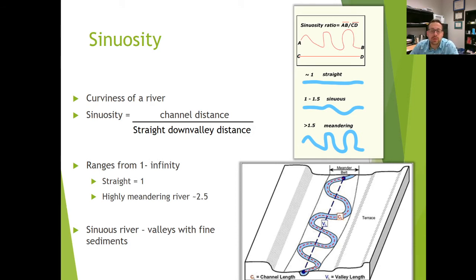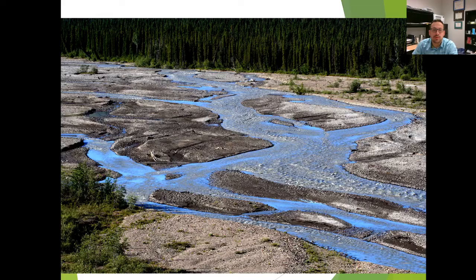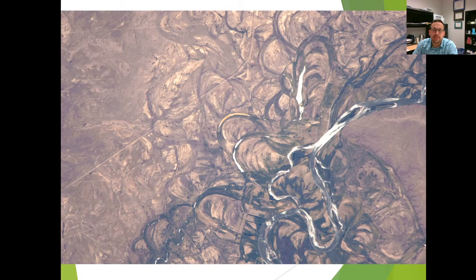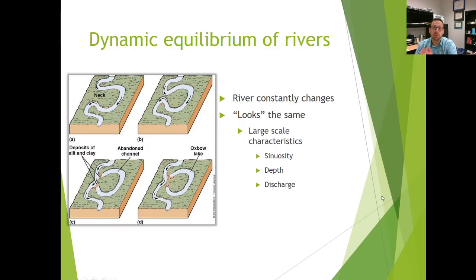So I wanted to talk about this when we're talking about dynamic equilibrium, because we know that sinuosity is going to change in this scenario. We're going to see these meanders change all the time. The river is constantly changing.